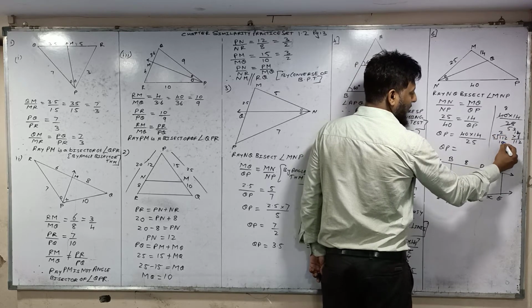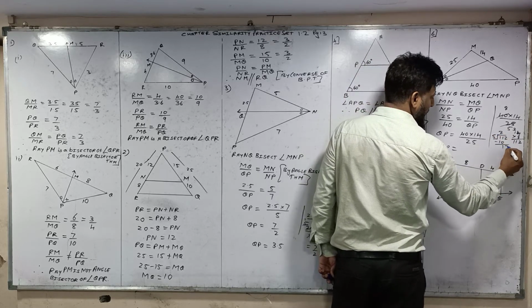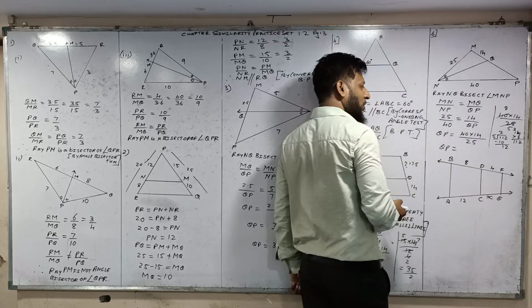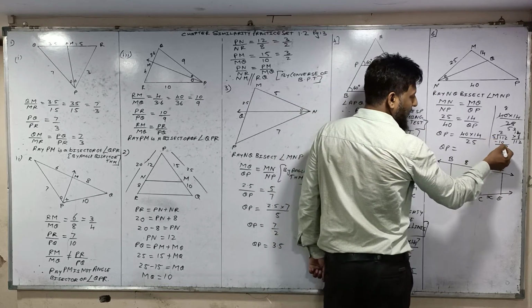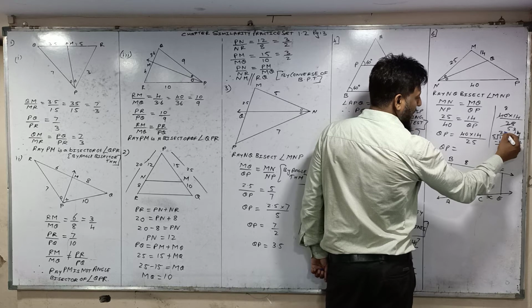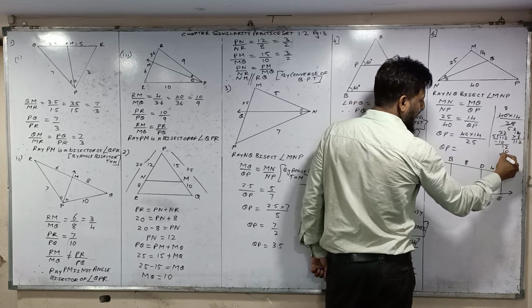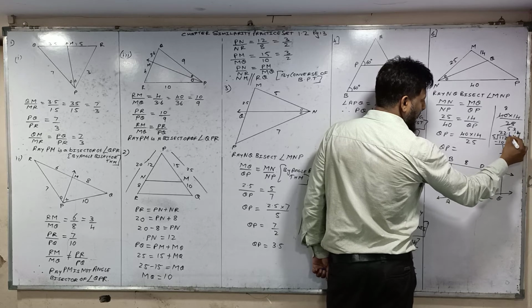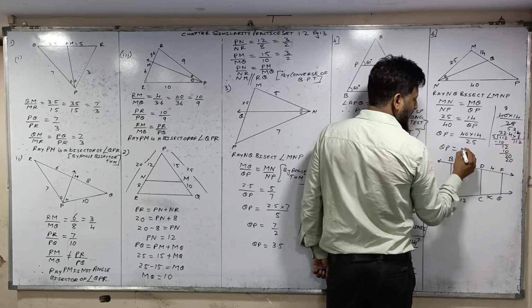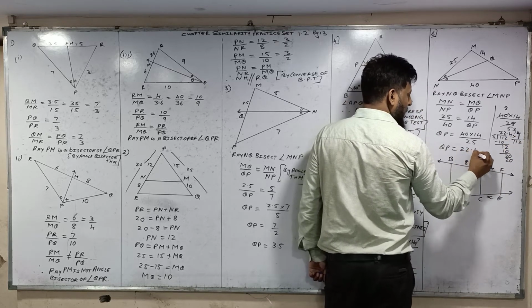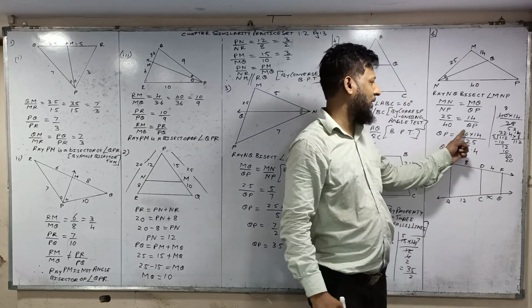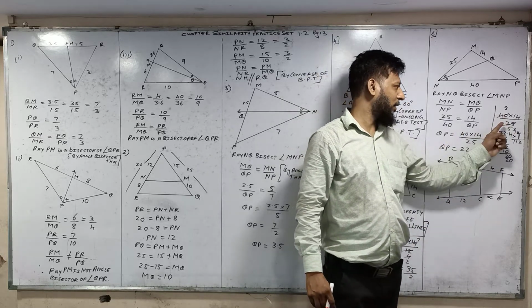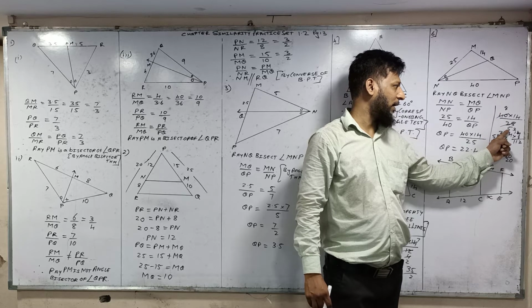5 2s are 10, these calculations are simple, you can all do them on your own. 5 2s are 10, 1 carry. Again 5 2s are 10, 2 carry. Put the decimal, 5 4s are 20. So you will get 22.4. What you have to do: first cancel, 8 into 14 will be left and below it 5.